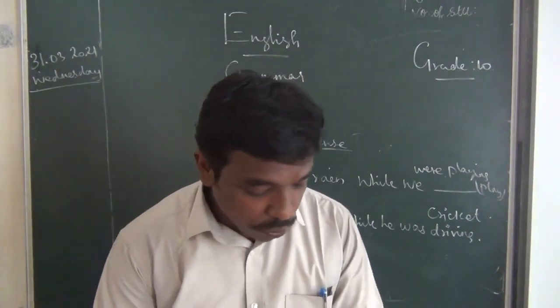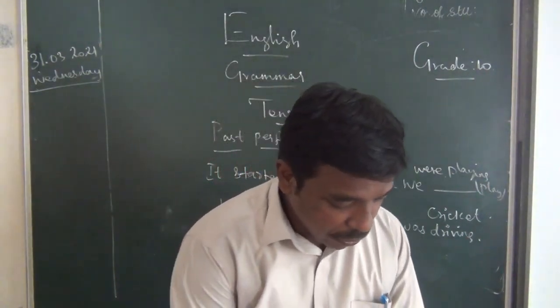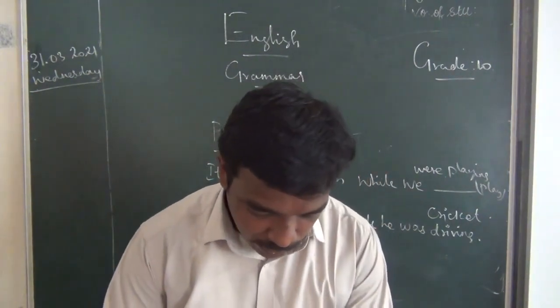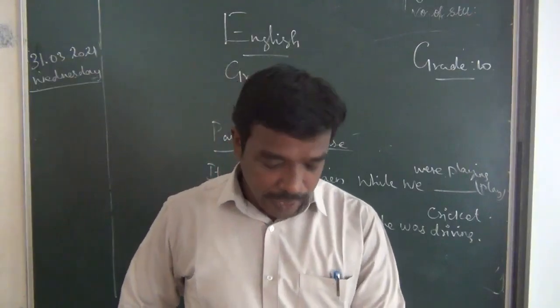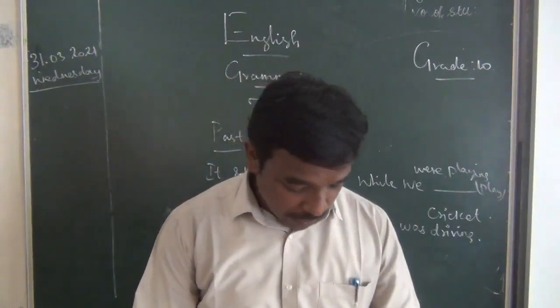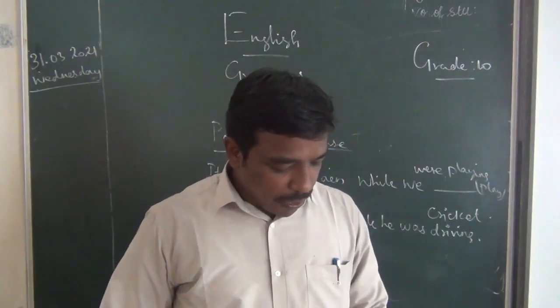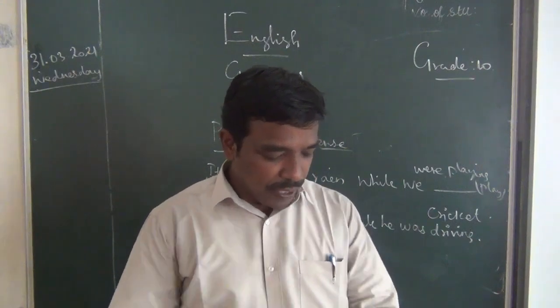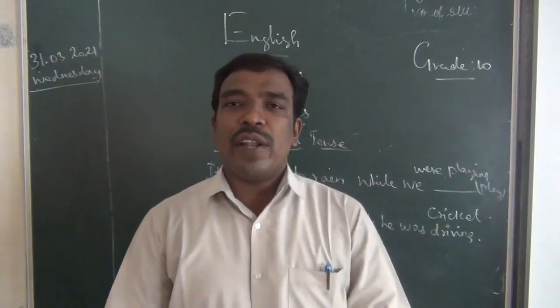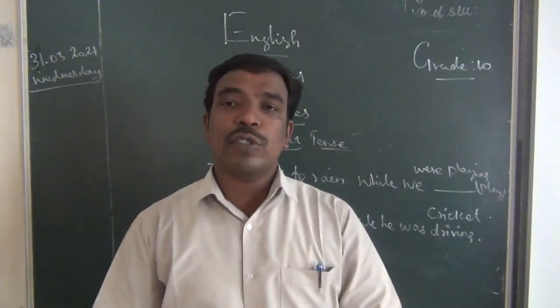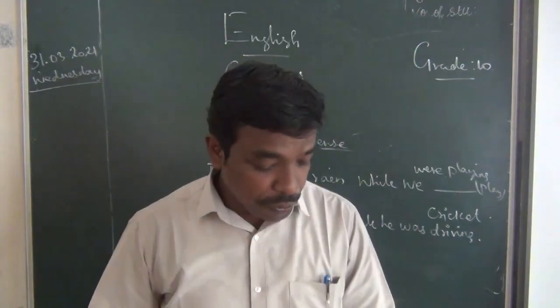The next one is future tense. That is very important. Future tense, all of you take page number 80 in your textbook. It is given that shall is used with the second and third person to express some difference, will or shall. Where to use will and where to use shall.